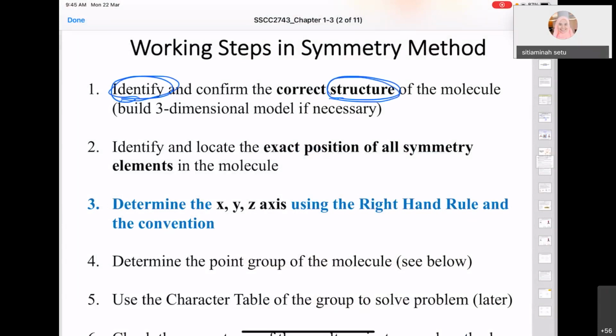And then we have identified and located the exact position of all symmetry elements. This is what we learned from yesterday: how to determine the symmetry elements and symmetry operations of the molecule. And then the next step, to determine the point group of the molecule, we have to determine the axes of the molecule, X, Y and Z. There are rules for how to determine them. We use the right hand rule.